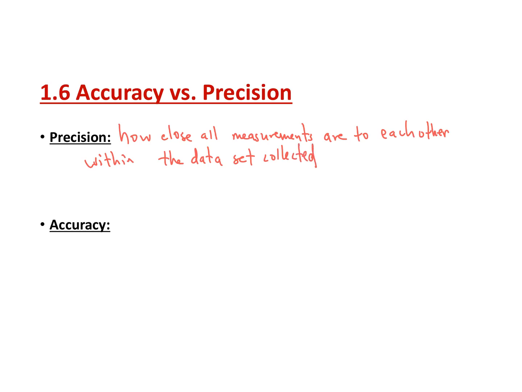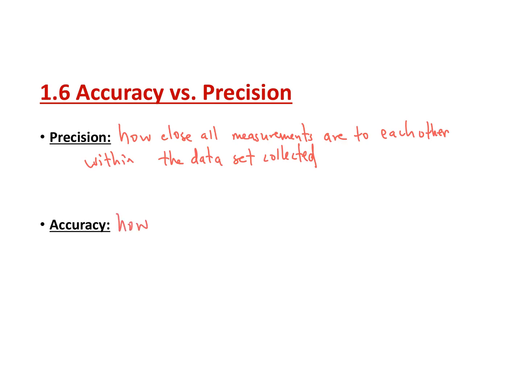So yes, we want all of our measurements to be relatively close together, but we also want them to be accurate. We want those measurements not only close together, but we want them close to what is the accepted value or what is the true value for this test, for this experiment.